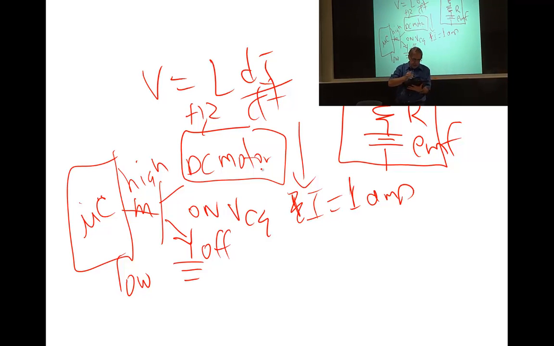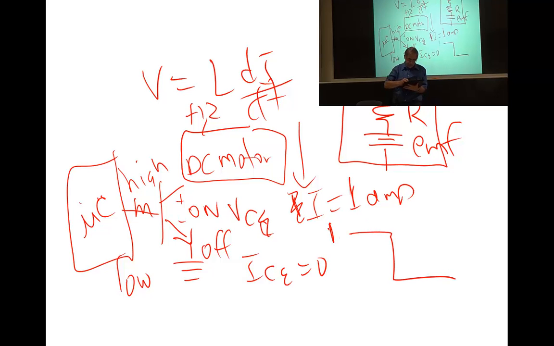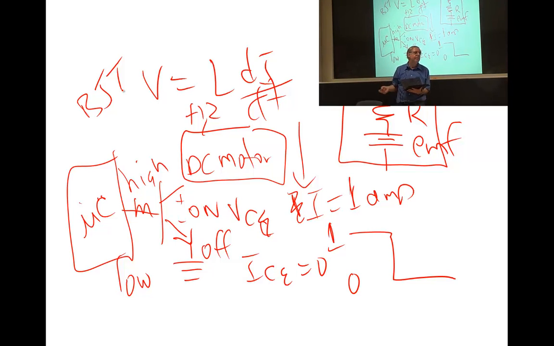The ICE goes to 0, the VCE goes high, and the current goes low. Let's draw current versus time. How fast is the BJT? Switching time for a BJT is on the order of nanoseconds, say 10 nanoseconds.